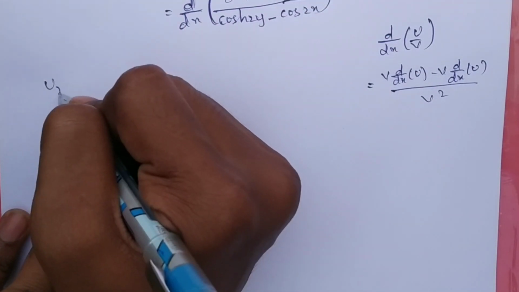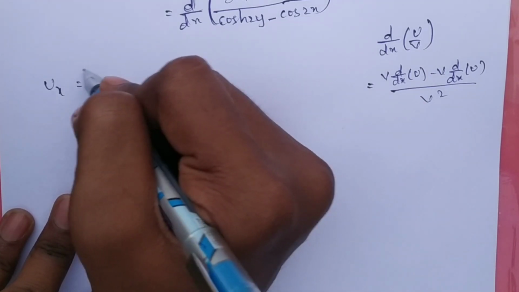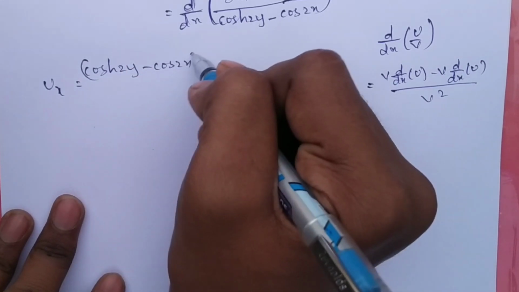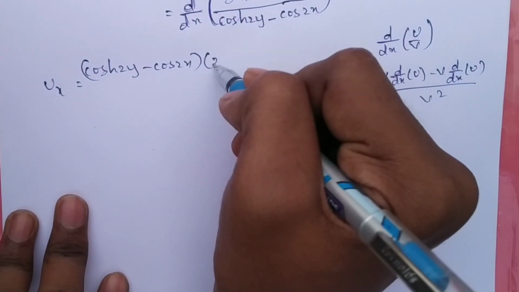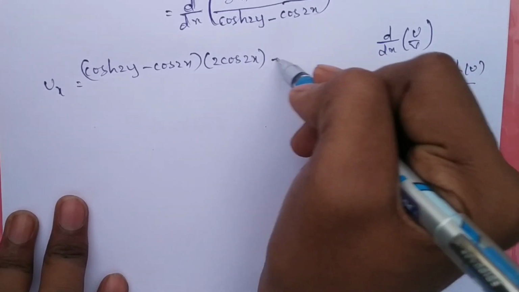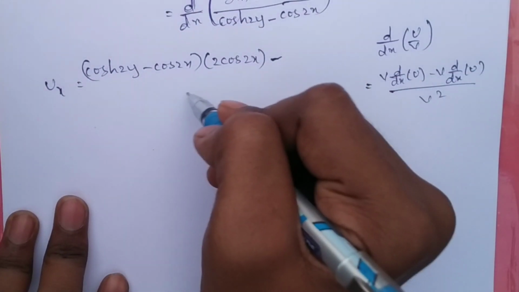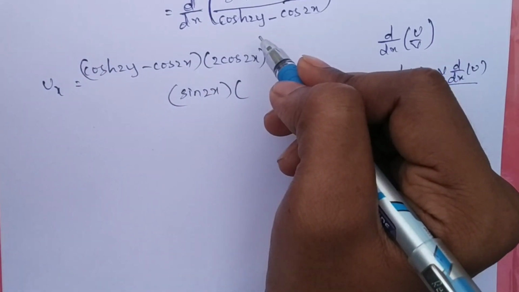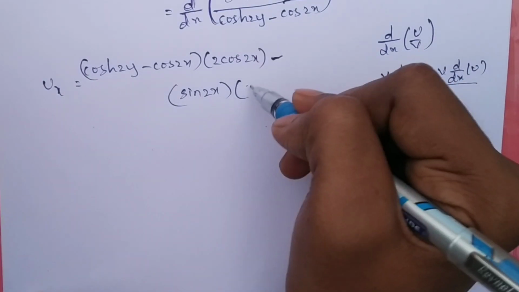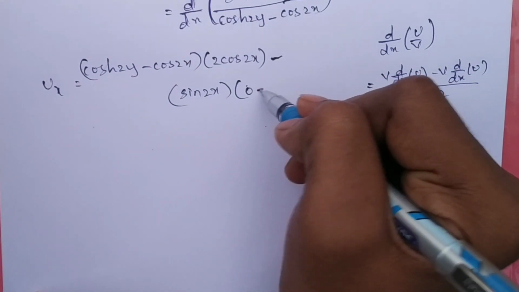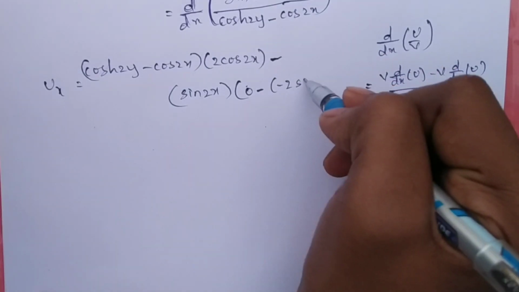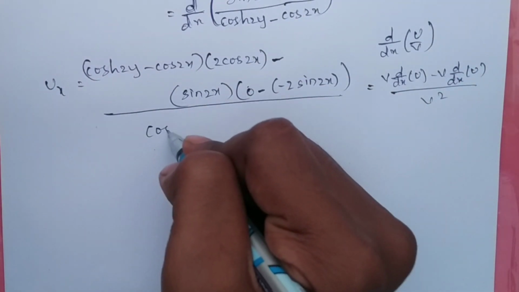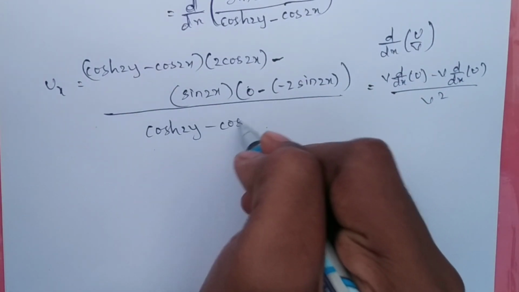If we simplify, ux equals cos h 2y minus cos 2x into d by dx of sin 2x, which is 2 cos 2x, minus sin 2x into d by dx of cos h 2y, which is 0, and d by dx of cos 2x is minus 2 sin 2x, by cos h 2y minus cos 2x whole square.